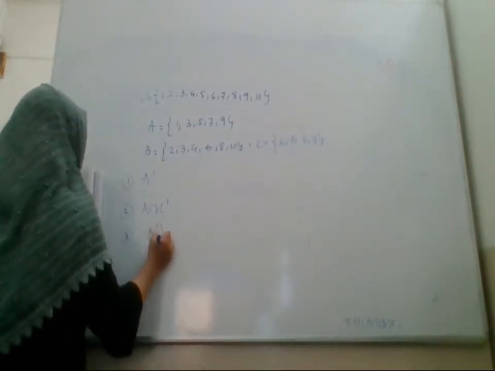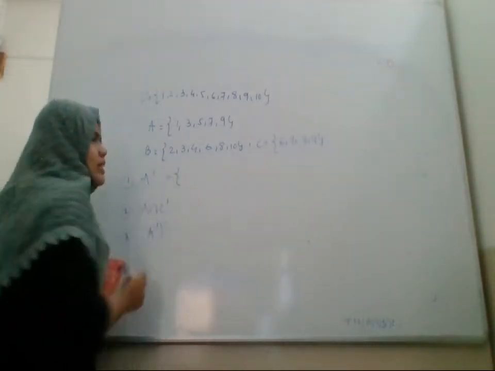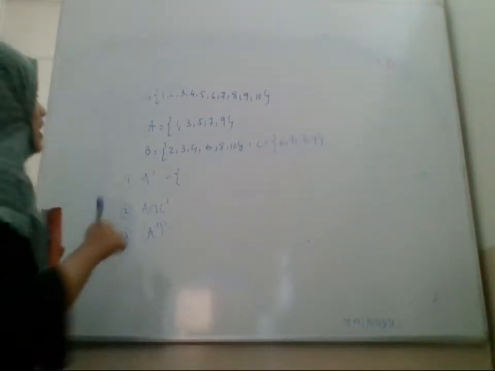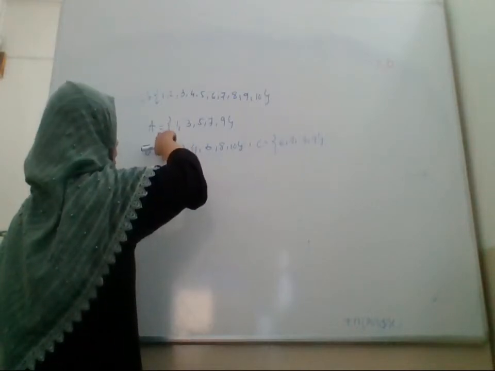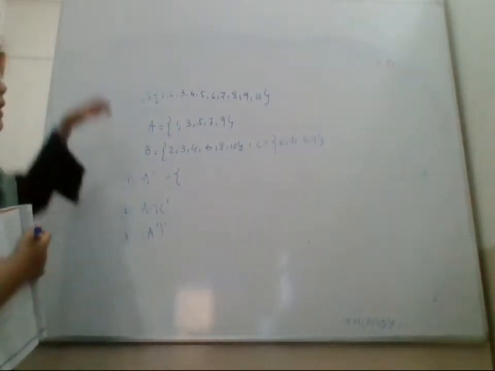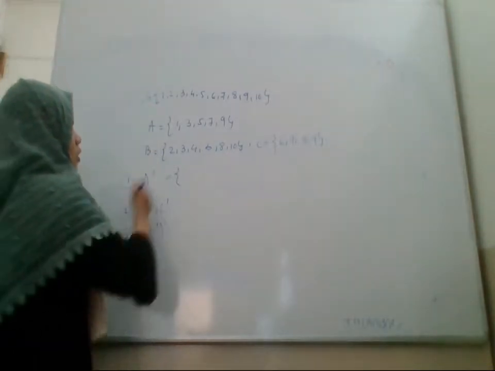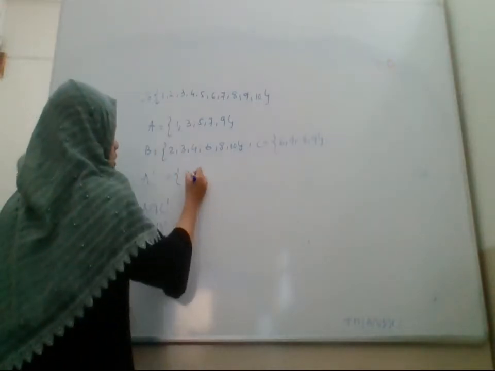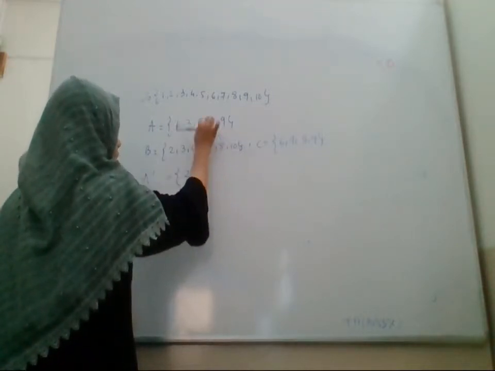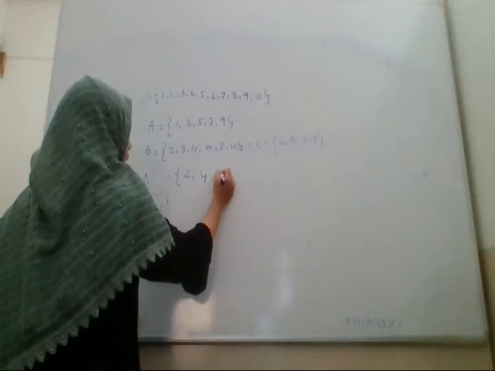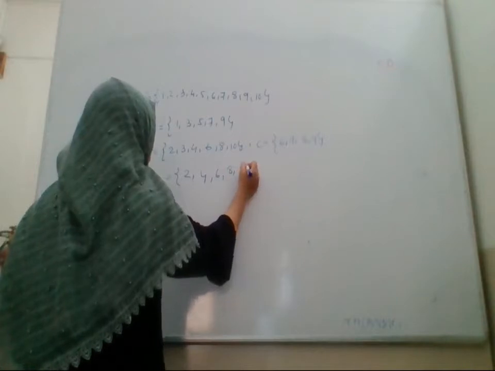A complement's complement. So A complement means you have to write down the elements from the universal set not in A. So 1 is there, 2 is not there, so 2, 3 no, 4 yes, 4 is not there in A, 5 is there, 6 is not there in A, so 7 is there, so we can't write 7, then 8, 9 we can't write it.